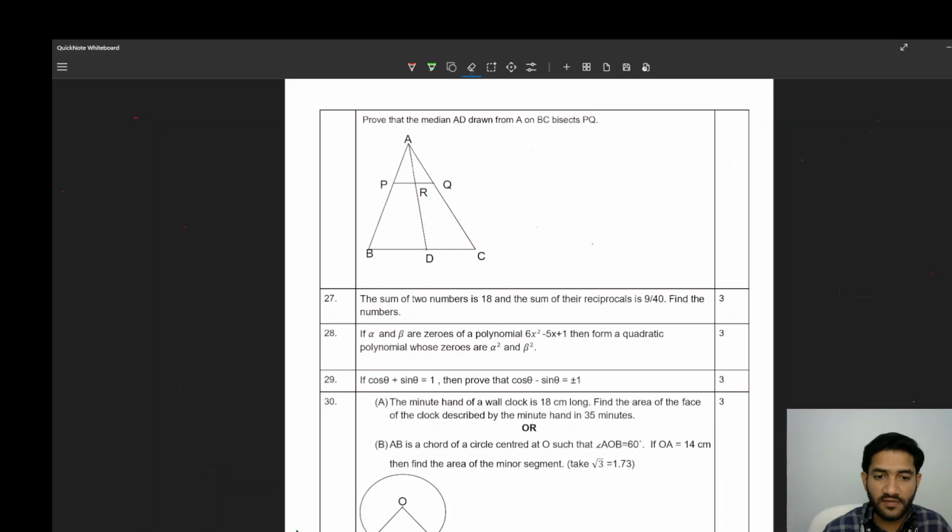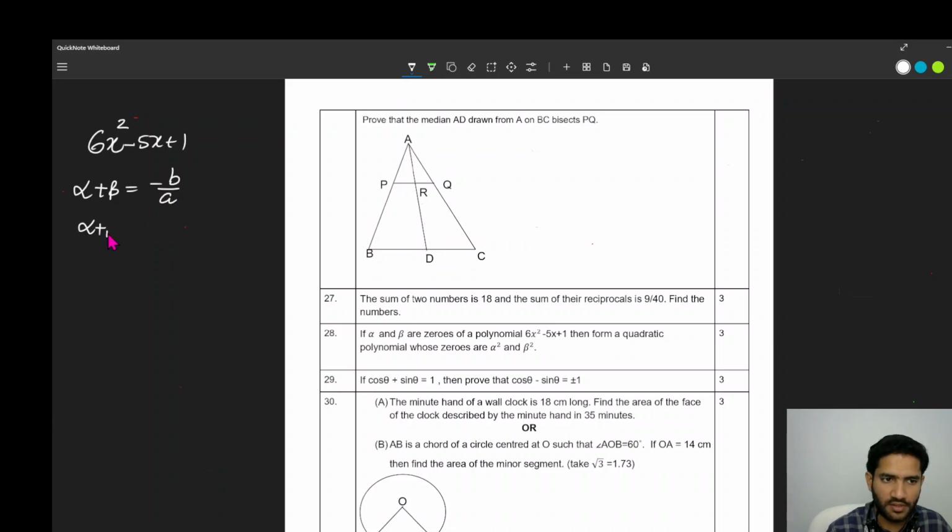If alpha and beta are zeros of the polynomial 6x square minus 5x plus 1. 6x square minus 5x plus 1 is the polynomial. We have the relation between alpha and beta. Alpha plus beta is equal to minus b by a.